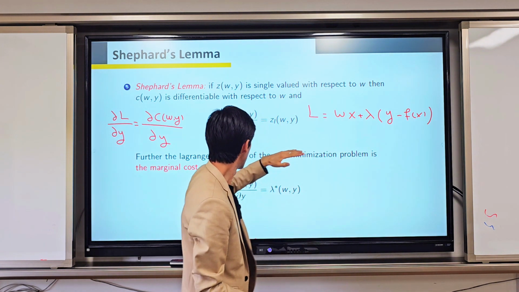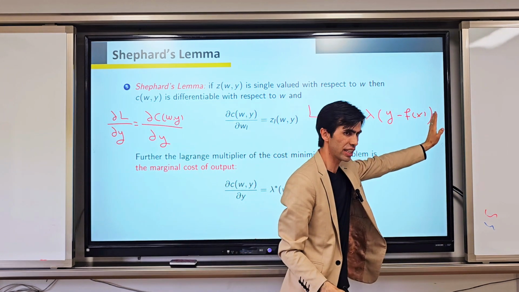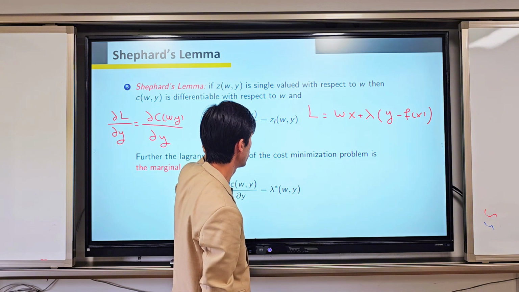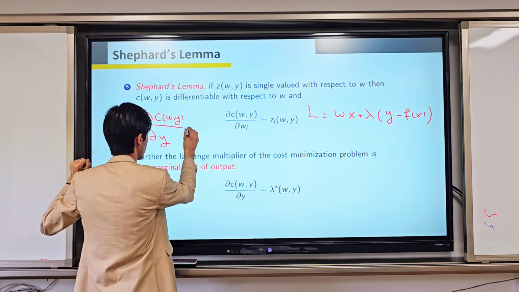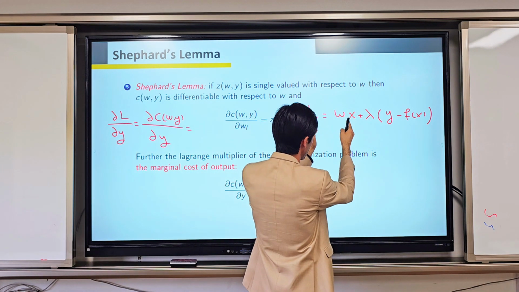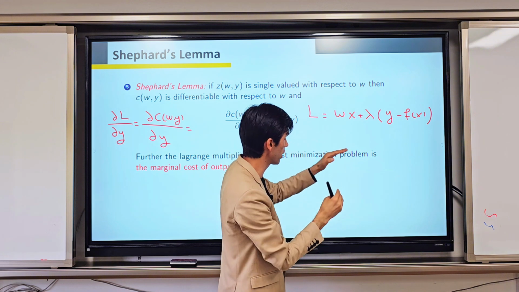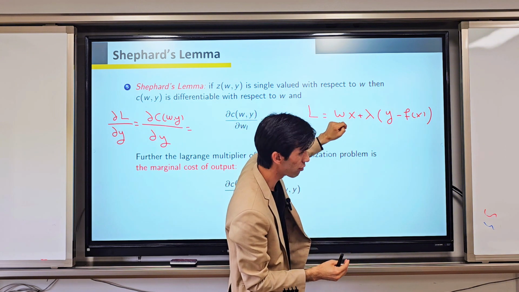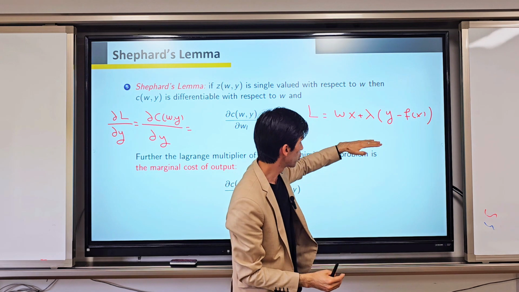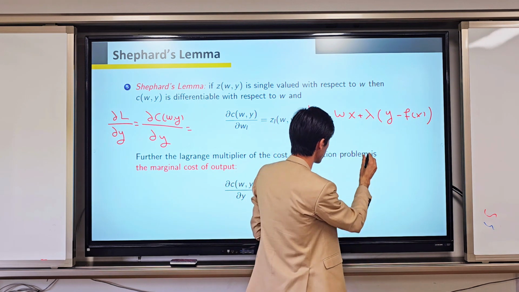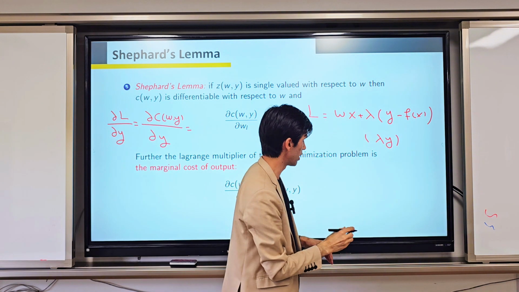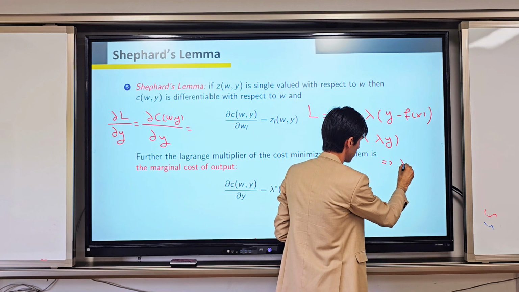So now, if we take the partial derivative of this one with respect to y, here we don't have y, here we don't have y, we only have one y here. So if we take the partial derivative of lambda y, the result will be lambda.